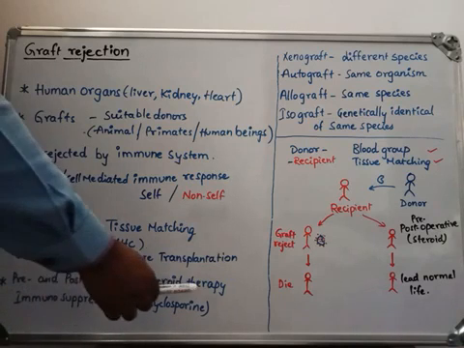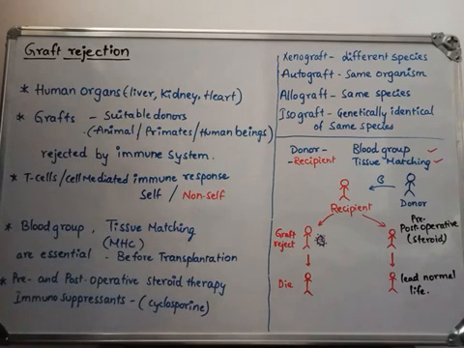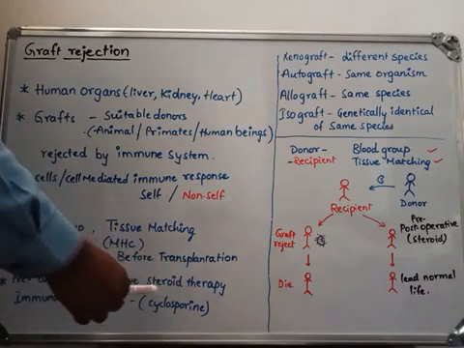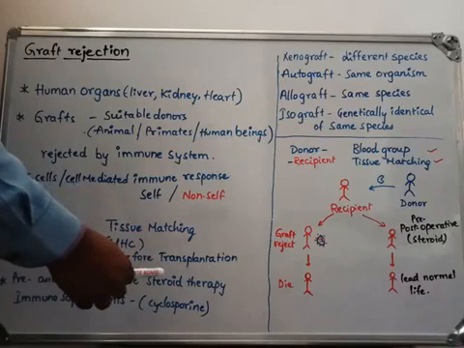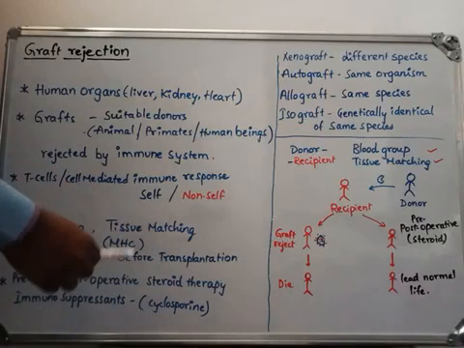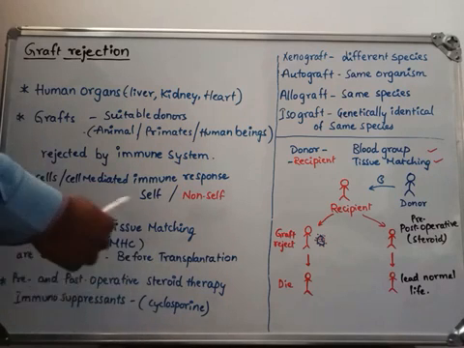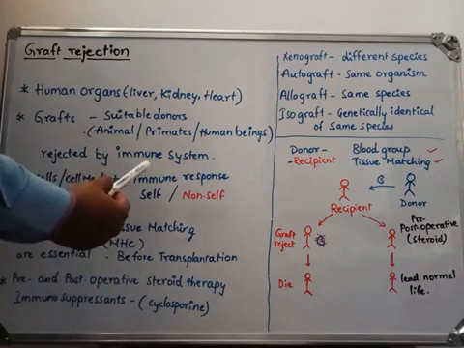Next, in organ transplantation, pre and post operative steroid therapy is important. The person undergoing the surgery may receive pre and post operative steroid therapy. A steroid is a group of chemicals which directly act on the immune responses and suppress such reactions, so that there is no rejection.